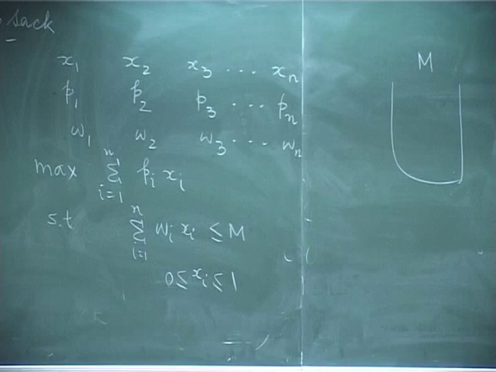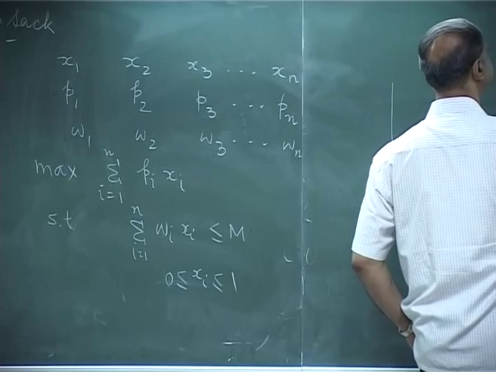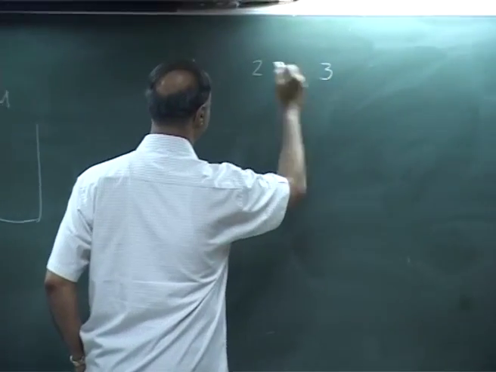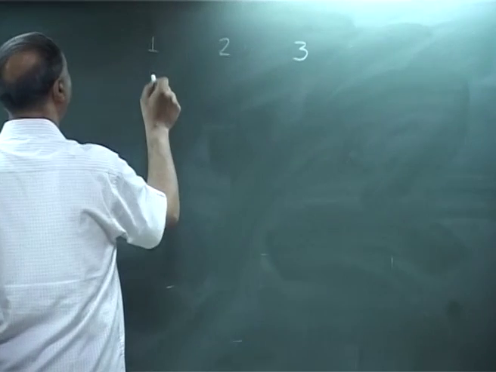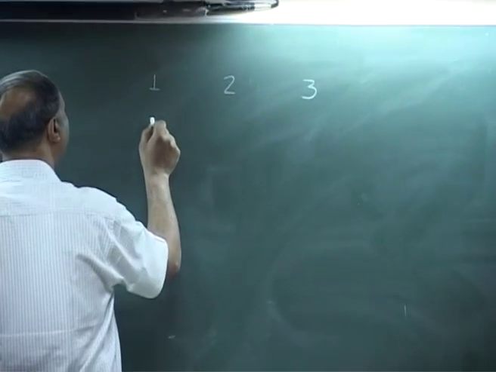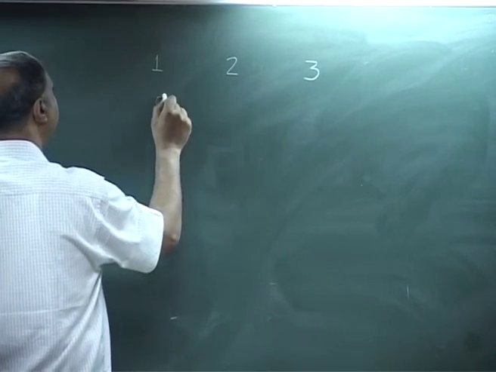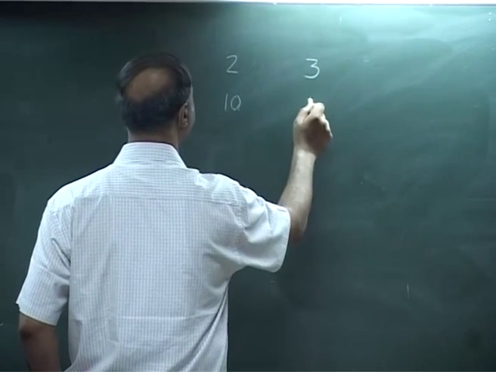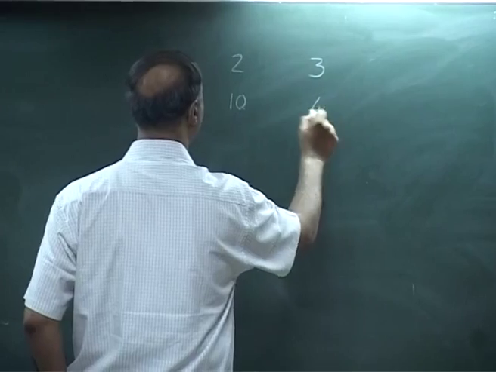So let us consider one small example. Suppose I have 3 items, item 1, item 2 and item 3, and the weights are: item 1 has weight 5, item 2 has weight 10, and item 3 has weight, say, 4.